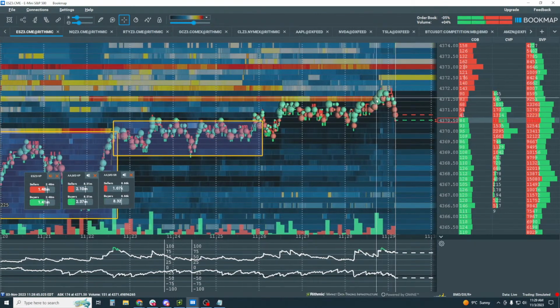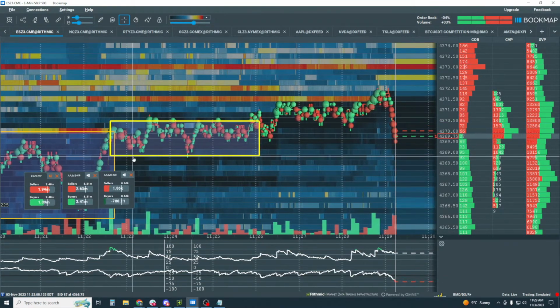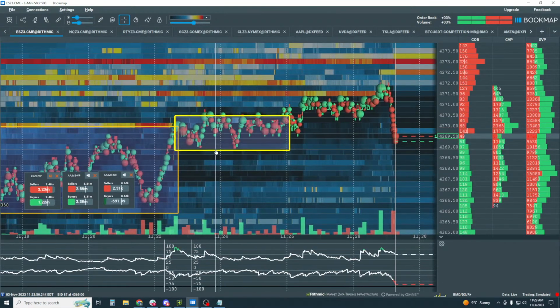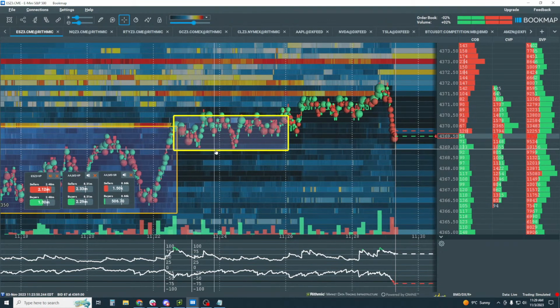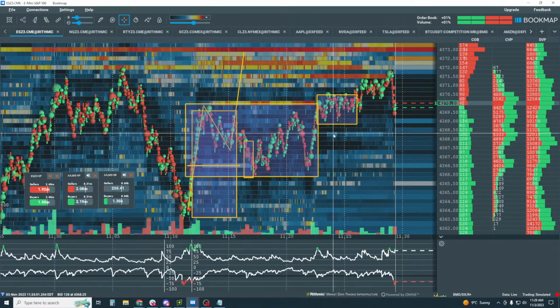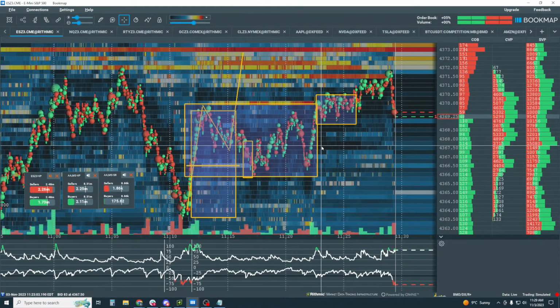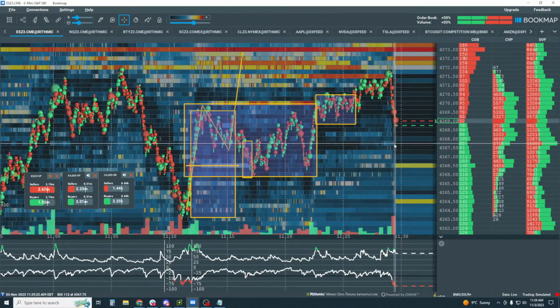Okay, now this could be a trap here, and the sellers can come in and really drive it right back down to middle of the range in here, which first swing is here, but the next one is this high volume node here, somewhere around in here. Is looking for the sellers to try to drive it back down there.